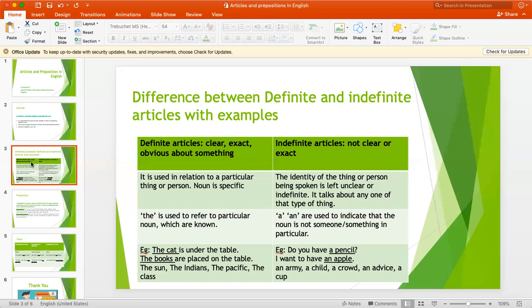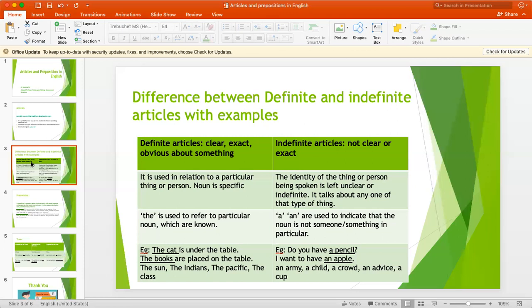Also, referring to people, we say the Indians. We don't say Indians without the, even though it starts with the vowel sound I, because when referring to people or also important things, we use the.